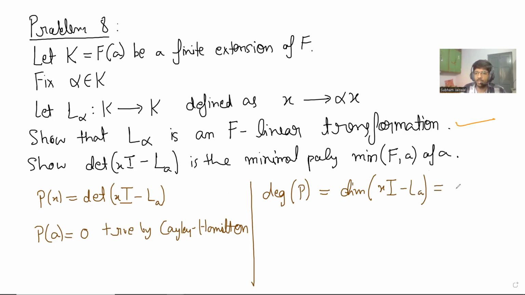But that is the same as the degree of the extension. Yes, right? This is fine because as a linear transformation we are doing it over F. So that's it. So then you are done, right?